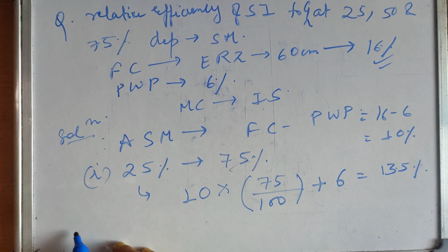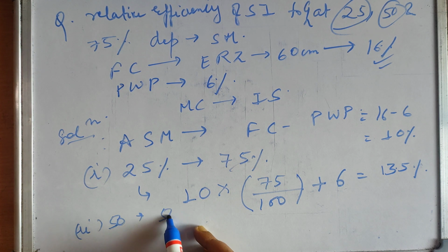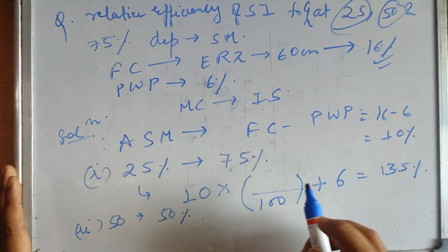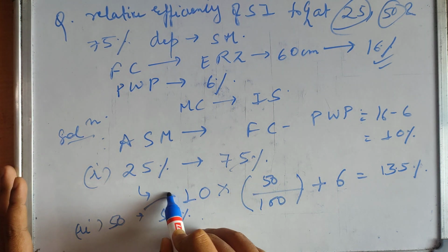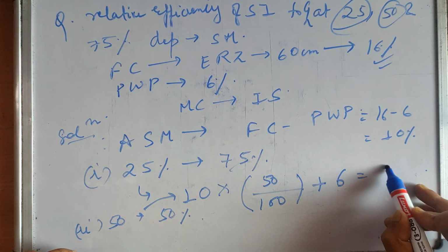For the second, 50% is depleted, so available will be 50%. As per the formula it becomes 10 into 50 by 100 plus 6, so it will be around 11%.